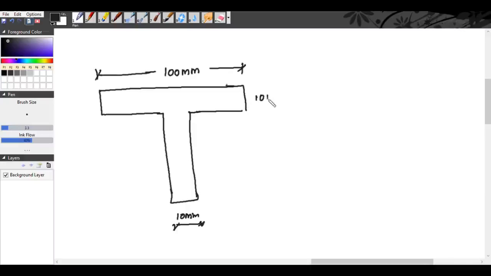The thickness of the flange is also 10 mm. This depth is given as 90 mm. So solve this problem, find the shape factor. For this problem, the shape factor will be equal to 1.80.